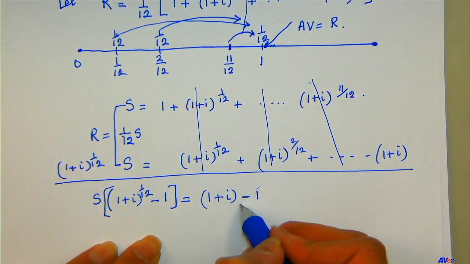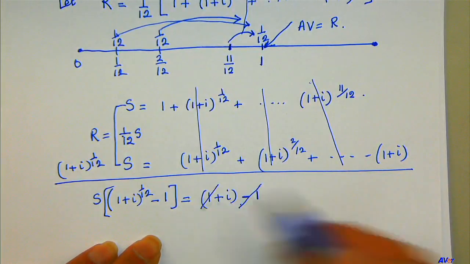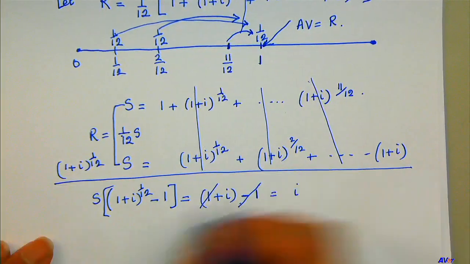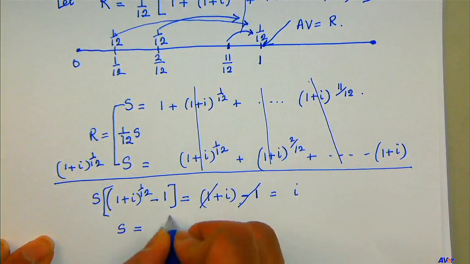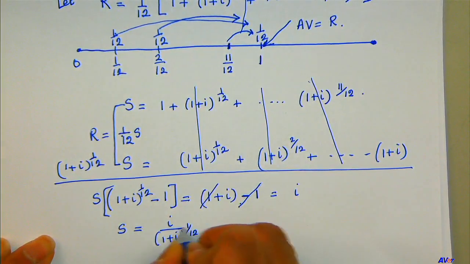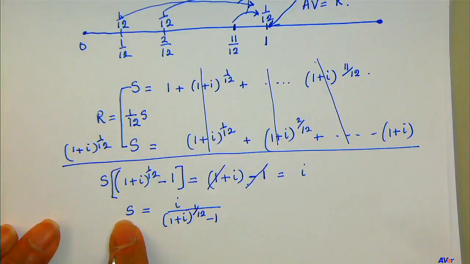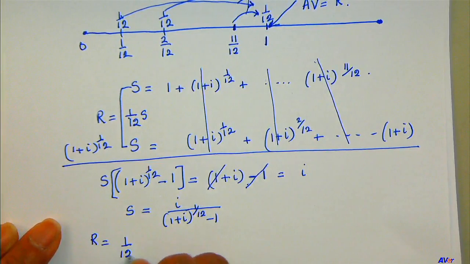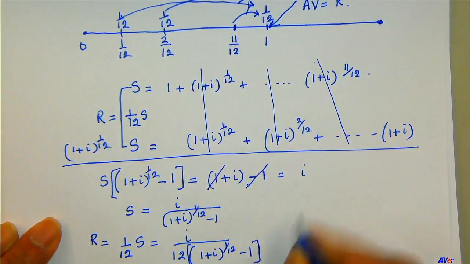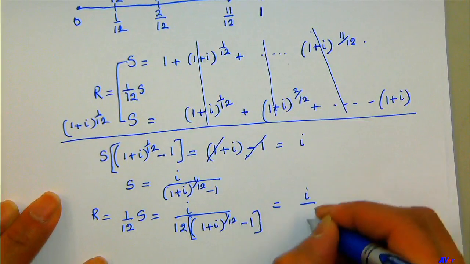The 1 and the minus 1 drop, and I have just i. Therefore, S is equal to i over ((1 plus i)^(1/12) minus 1). But I don't want just plain old S. I want R, which is equal to 1/12 of S, which is equal to i over 12 times ((1 plus i)^(1/12) minus 1), which is no other than i over i^(12).